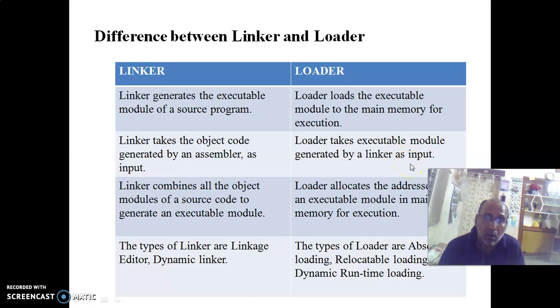Linker combines all the object modules of the source code to generate an executable module. Loader allocates the address to an executable module in main memory for execution. The types of linker are linkage editor and dynamic linker. The types of loader are absolute loading, relocatable loading, and dynamic runtime loading.